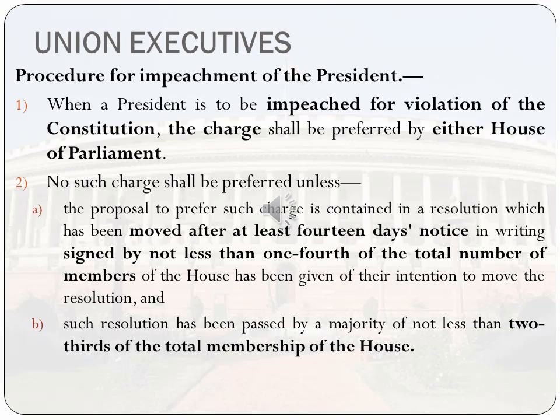The procedure for impeachment of the president is also clearly mentioned in the Constitution.